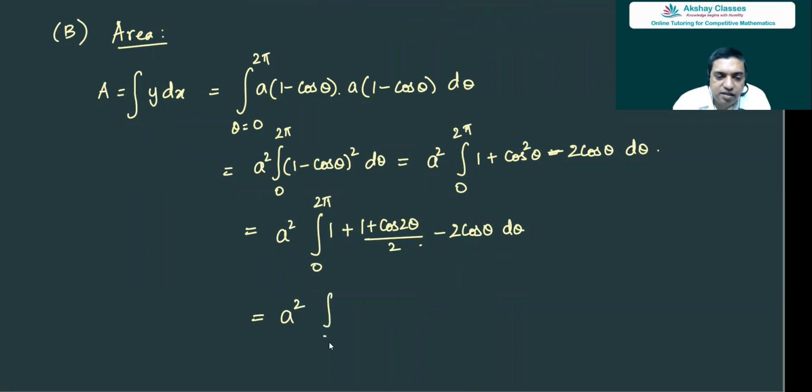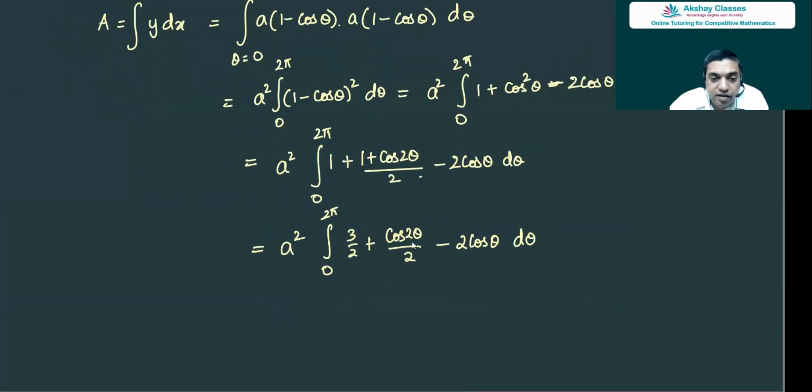So this is the integral from 0 to 2 pi of 1 plus 1 by 2, which is 3 by 2, plus cos 2 theta upon 2, minus 2 cos theta d theta.